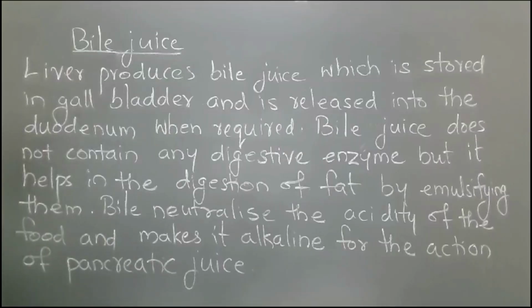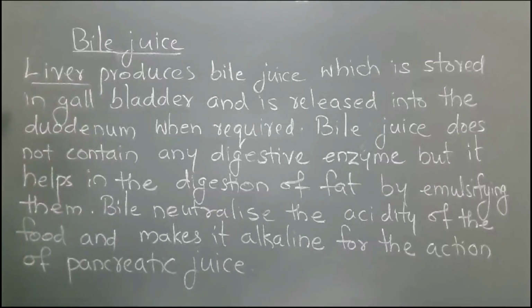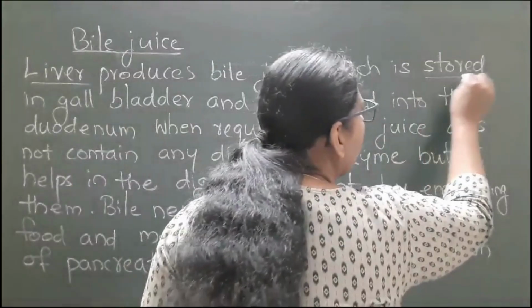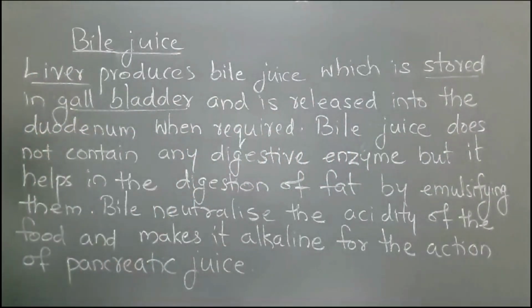Now let's learn about bile juice. I have shown you in the diagram that bile juice is released from the gallbladder, but the gallbladder doesn't produce it. The liver produces the bile juice and it is stored in the gallbladder.